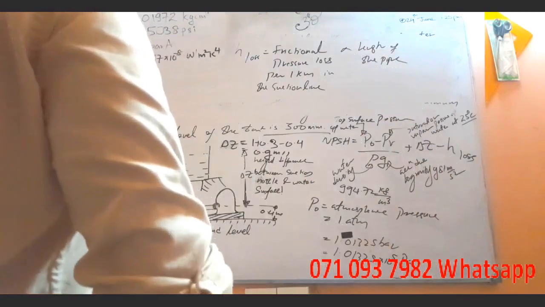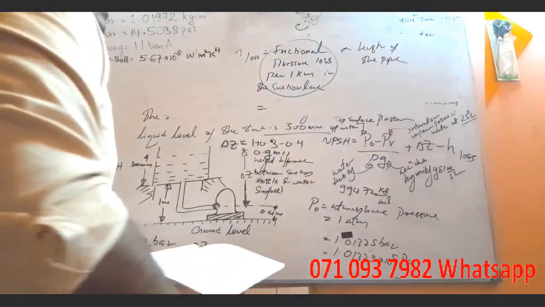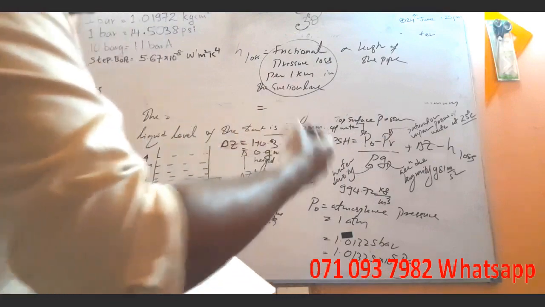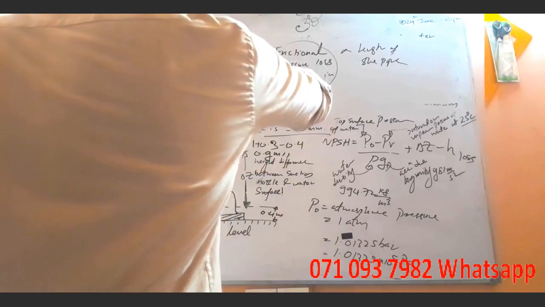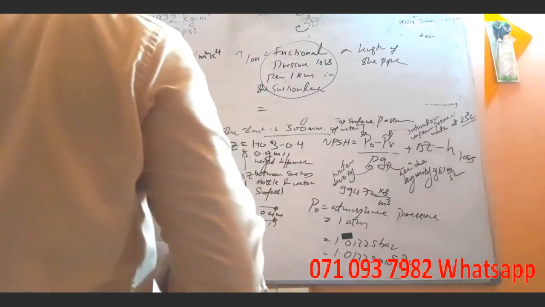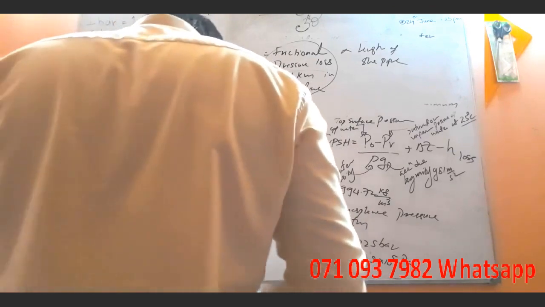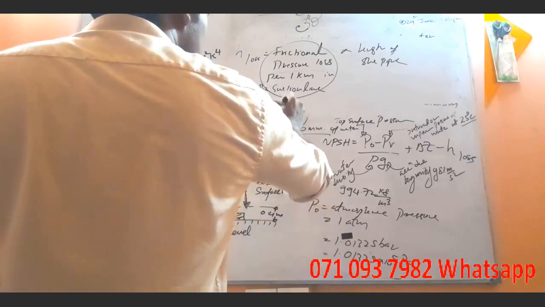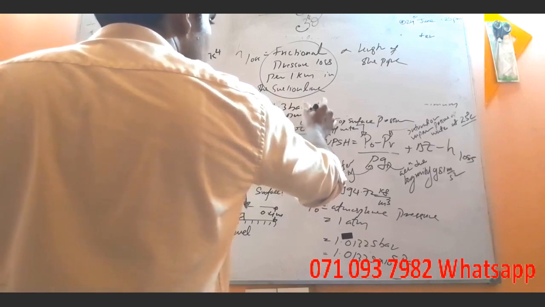Now in this question, let's consider this is given. Otherwise, you have to find it from the chart, because the diameter is given and the flow rate is given. So the frictional pressure loss per 1 kilometer in the suction line is given as 1.3 bar of pressure loss per 1 kilometer.